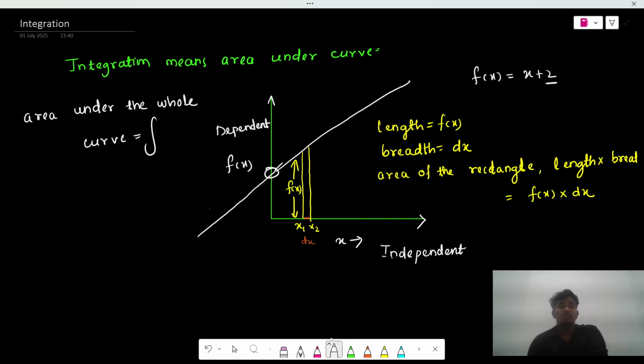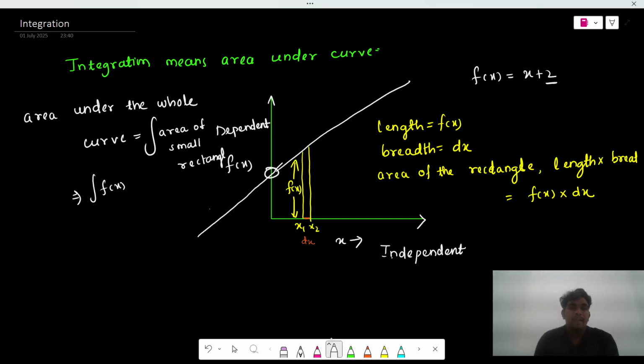As we know, summation is used for a discrete sum and integration is used for a continuous sum. The area of a small rectangle implies integration, which becomes f of x dx. This is the integration.